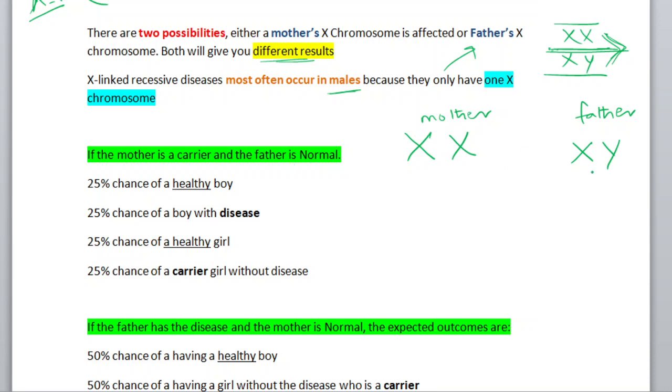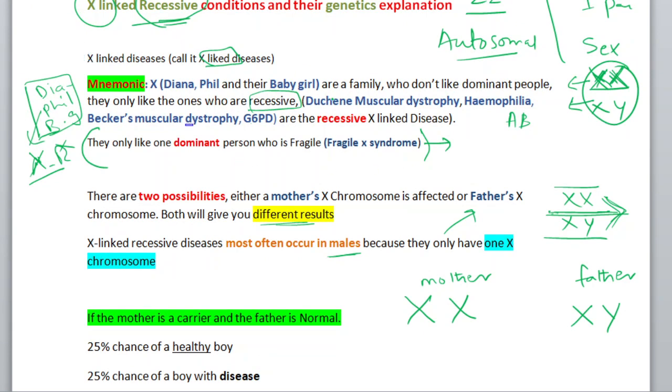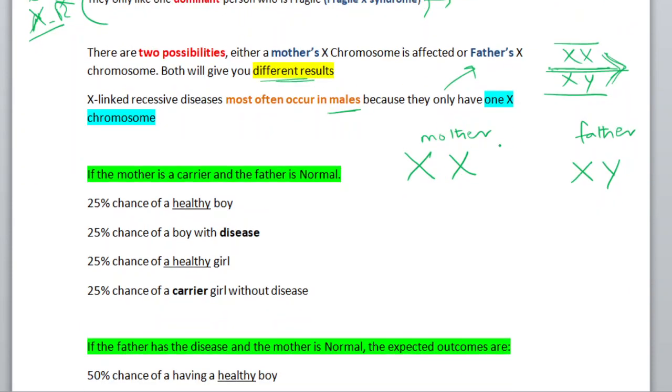The father is normal, but the mother has the XX chromosomes. So we are talking about diseases like DMD, hemophilia, Becker's, or G6PD. Suppose the mother is a carrier for DMD. Suppose we have a DMD problem, and I will denote the problem with a dash.